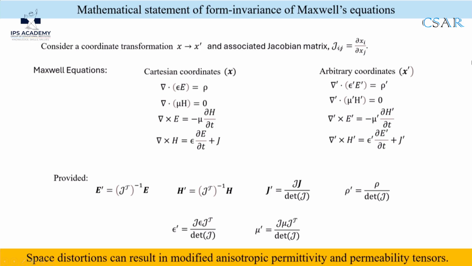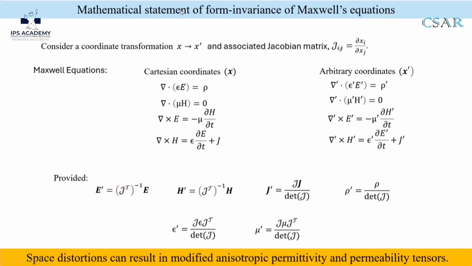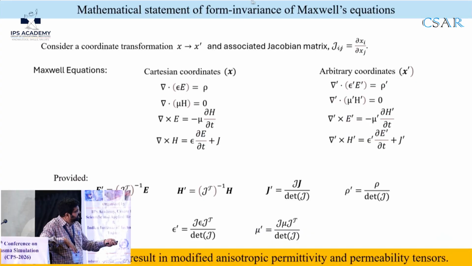If you make a coordinate transformation from, let's say, the x coordinate system to an x prime coordinate system and calculate the associated Jacobian, then if I write Maxwell's equations in the original x coordinate system and in this arbitrary x prime coordinate system, the form is exactly identical, provided that my quantities, for example electric field, magnetic field, current density, charge density, permittivity and permeability, transform in a specific way given by the Jacobian.